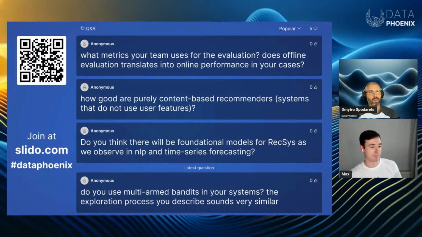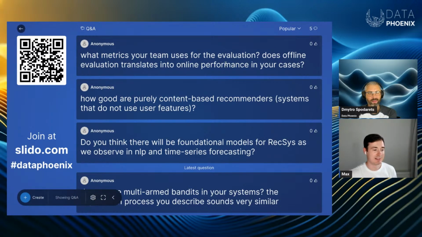Next question about the metrics you use for evaluating with your team, and does offline evaluation transfer into online performance in your case? Right, that's always dependent on the tasks we solve at hand.